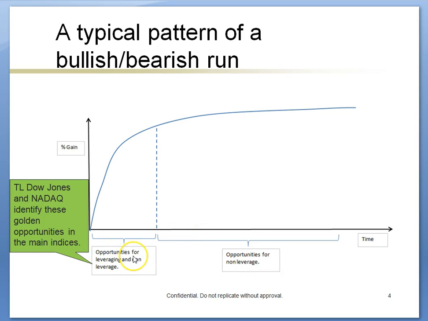In the acceleration phase, the focus will be on directional trades, long-term allocation, and leverage vehicles. In the taper phase, income strategy can be deployed. Traffic light, Dow, and Nasdaq are intermediate indicators that can help to identify the acceleration phase.